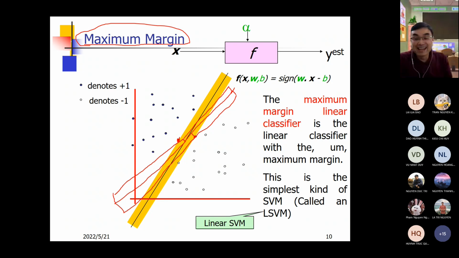So to maximize this margin, we see that it is computed from the closest data point, for example in the positive class, we have this data point here, right?